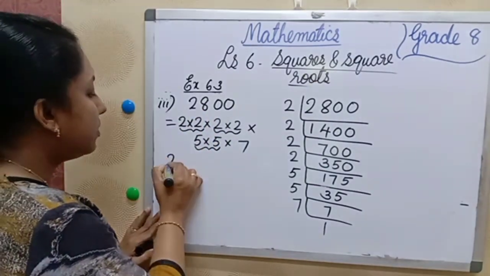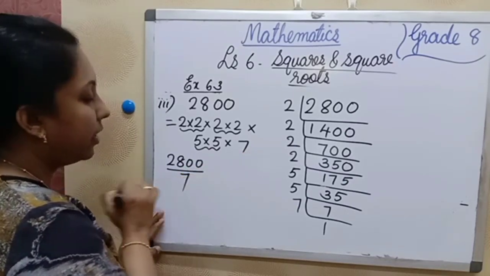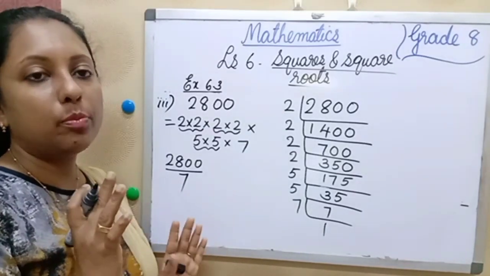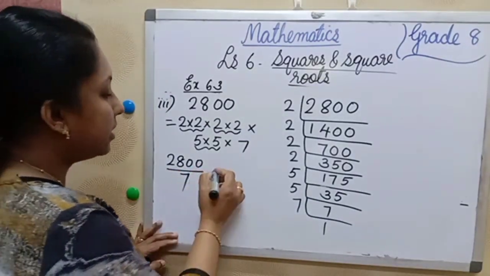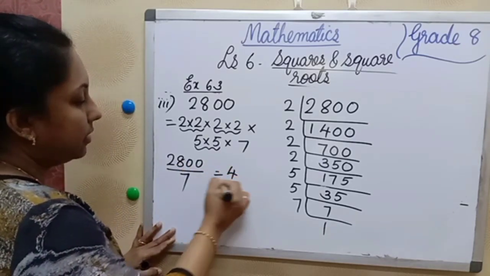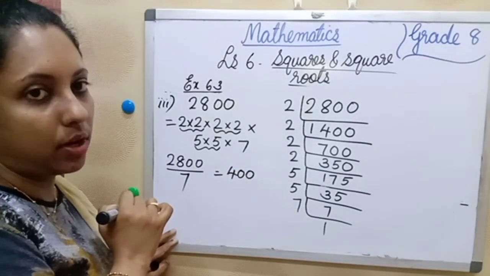That is 2800 divided by 7. Then the new number will definitely be a perfect square. So 2800 divided by 7, 7 fours are 28, then 400. See, 400.